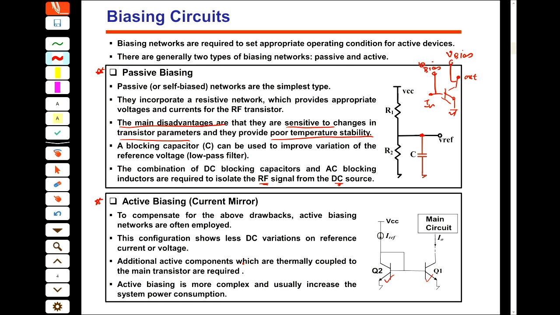But also the size of this circuit is bigger. I mean, this circuit occupies more area on your circuit board instead of only two small resistors. Anyway, it is more stable on temperature, but it is more complex, and it also consumes more power.